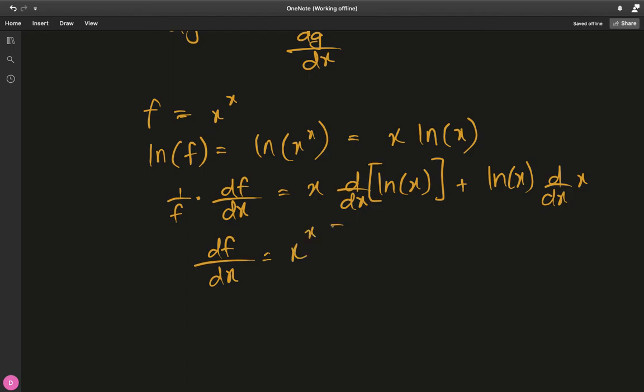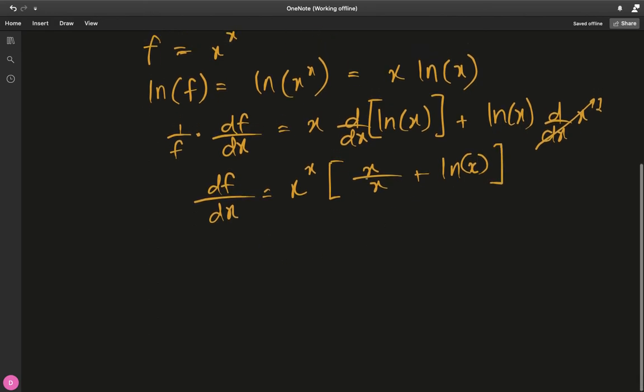X to the x times x times derivative of natural log of x, which is 1 over x, plus natural log of x times the derivative of x, which goes down to 1. So we have df over dx to be x to the x times 1 plus natural log of x. Fair enough.